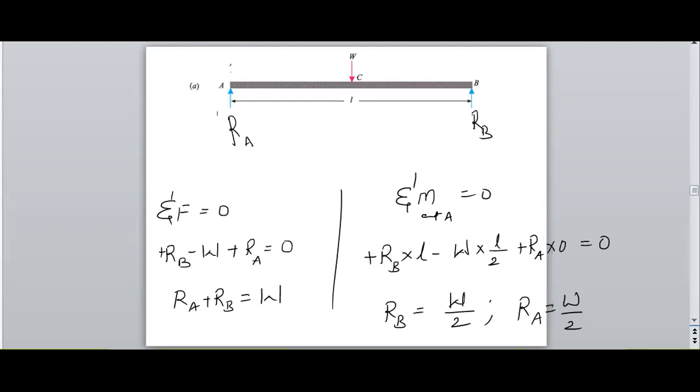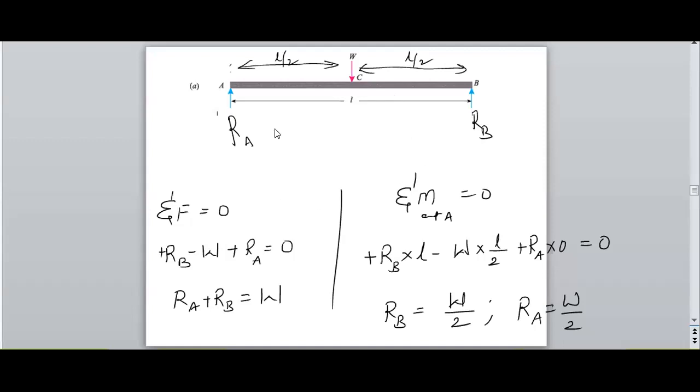The load is applied at an equal distance from the supports, at the center. Therefore, I need to see that the beam is in equilibrium condition.